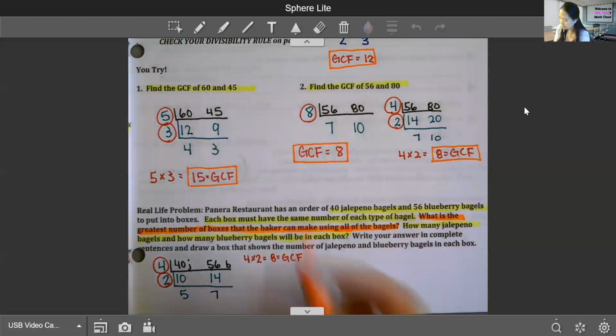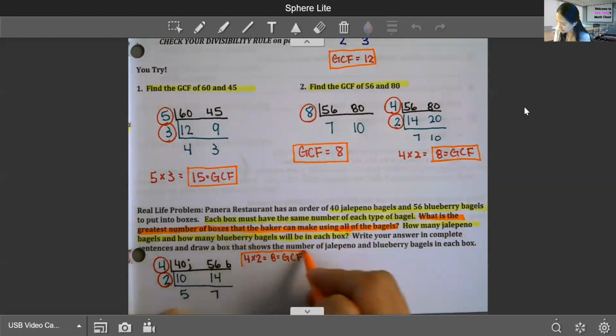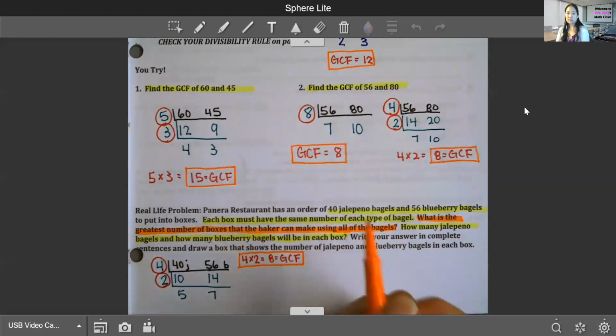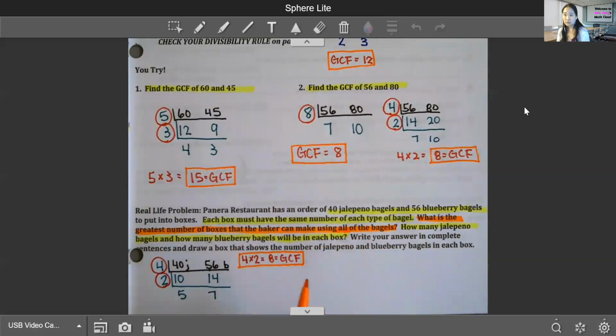But notice, this is a word problem. When you have a word problem, you don't just say 8. You need to write the answer in a complete sentence. Accountable talk, I'm sure you heard that in elementary. It's our district's very big focus. So I'm going to answer them in complete sentences.